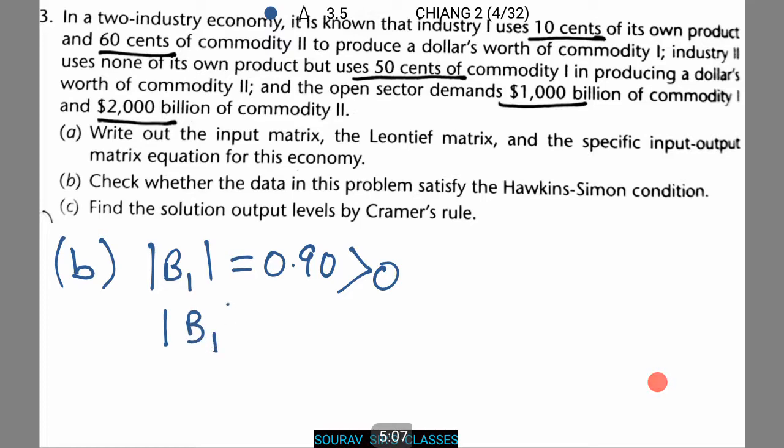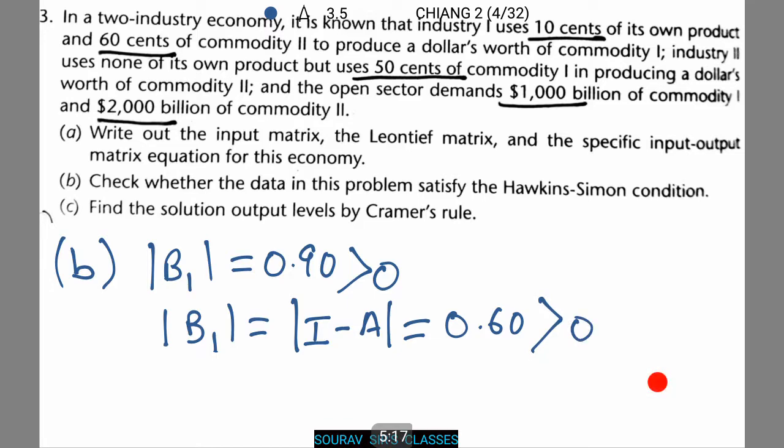Also beta 2 equals the determinant of I minus A, which will be equal to 0.60, that is also greater than 0. Thus the Hawkins-Simons condition is satisfied.